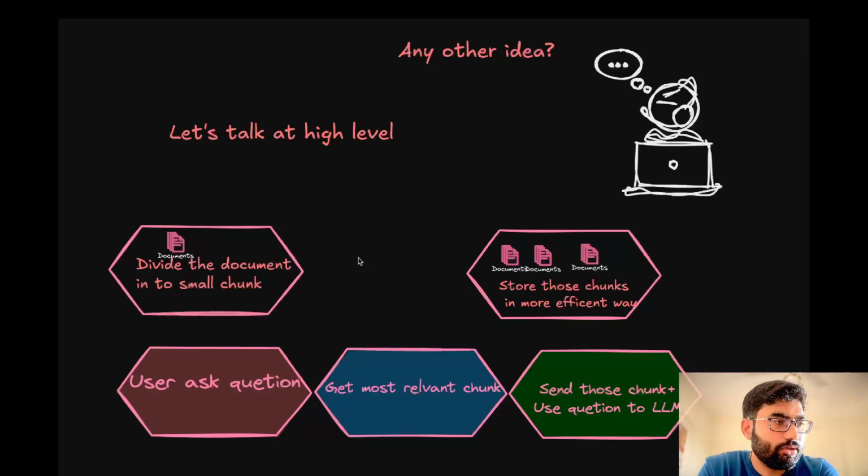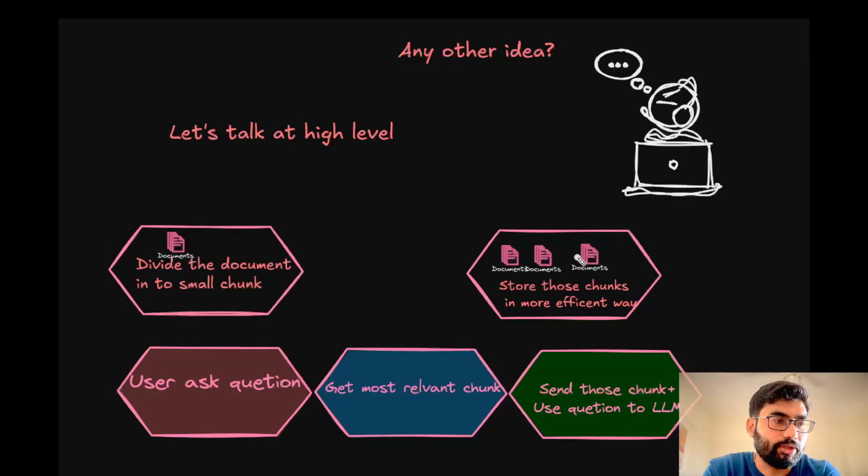So in the first tutorial we discussed that whenever we have to implement a RAG-based model, we have to do some steps, right? So the first step is we have to take the document and load the document, and then we have to divide the document into smaller chunks. Then we have to store those chunks in a more efficient way, which is called embeddings, right?